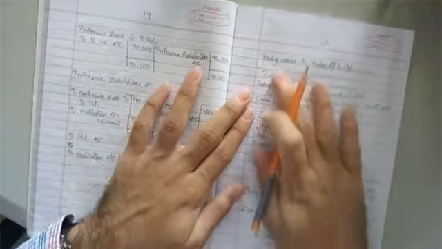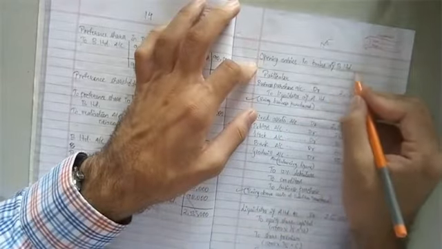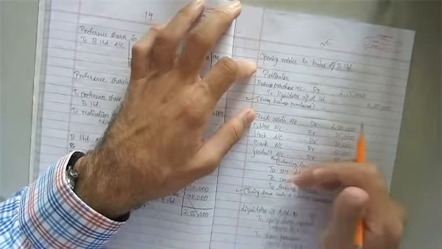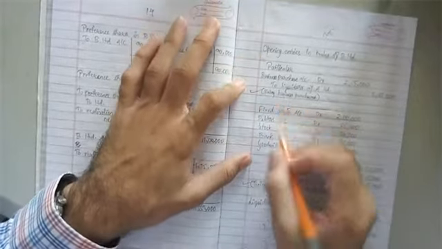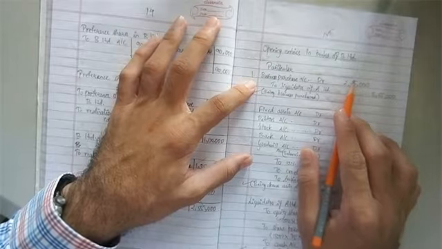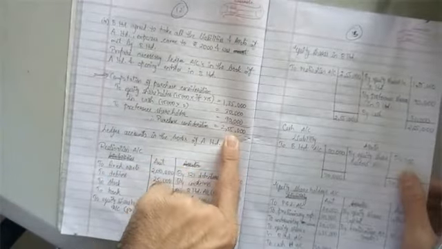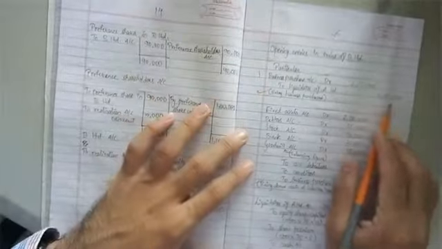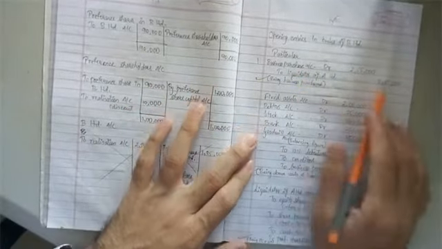Now we'll do the opening entries in B Limited, the acquiring company. It is similar to the previous problem. First is business purchase, the total purchase consideration amount 2,55,000, which we have got from here. Then 2,55,000 to 2,55,000 liquidator of A Limited.